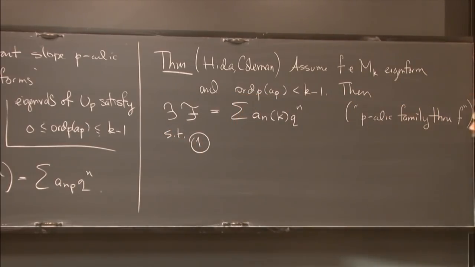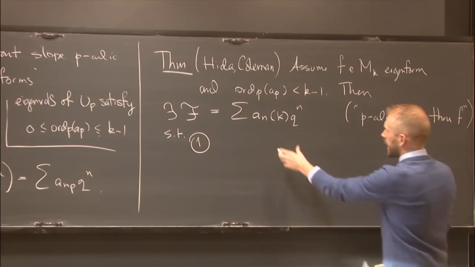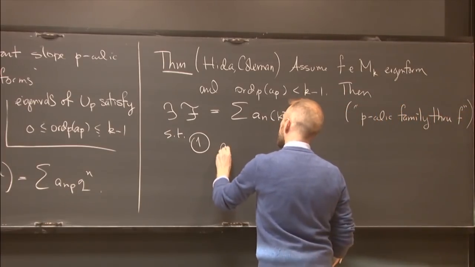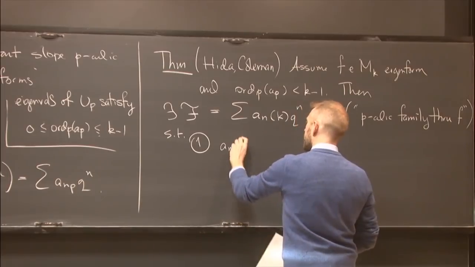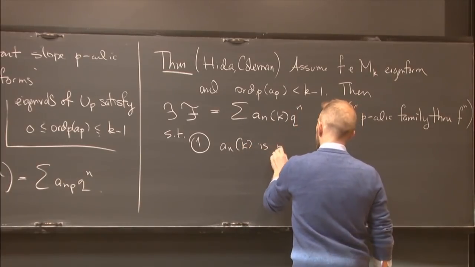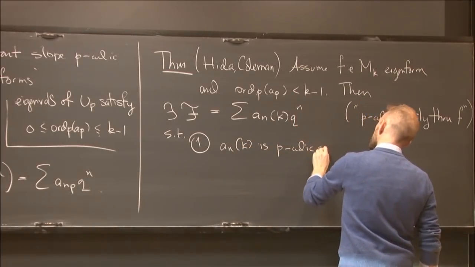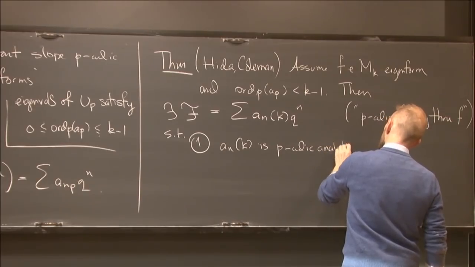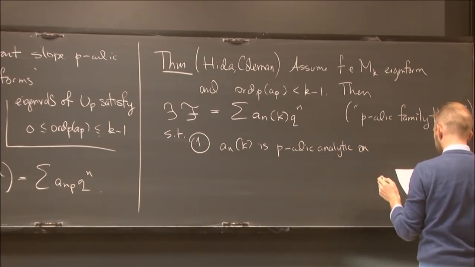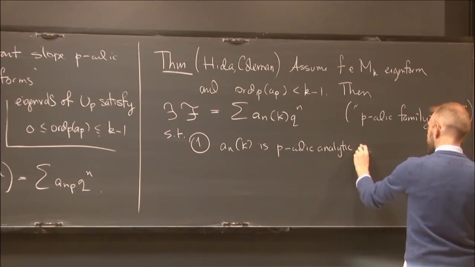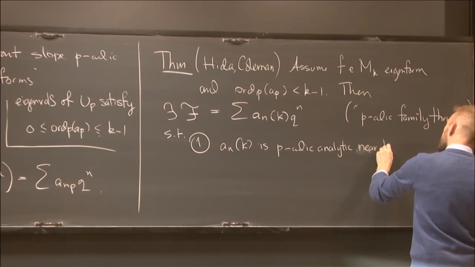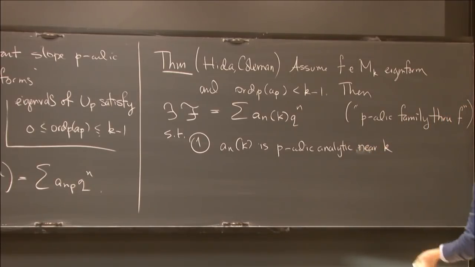So the first property is telling you exactly what these a_n are. So a_n(κ) is a p-adic analytic function on, near k, in the p-adic weight space.